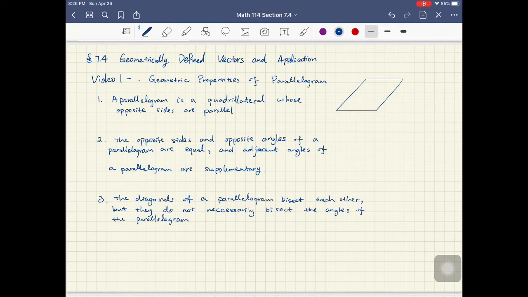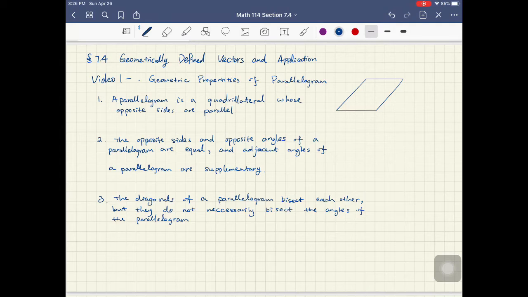For example, a nicer parallelogram is called a rectangle. And then an even nicer parallelogram is called a square. So you can see parallelogram is like a bigger family, and inside it we have different subgroups.